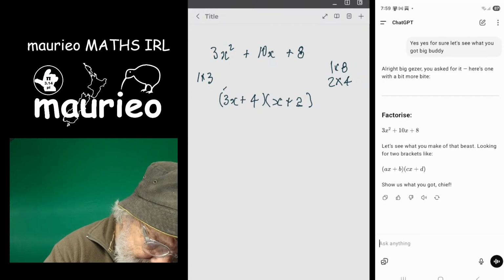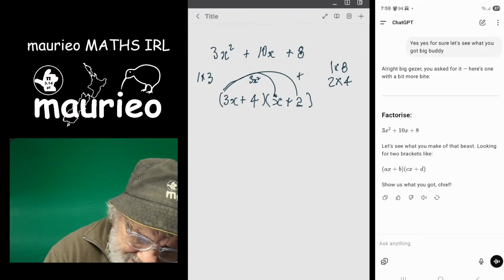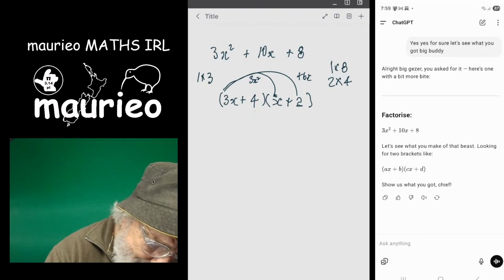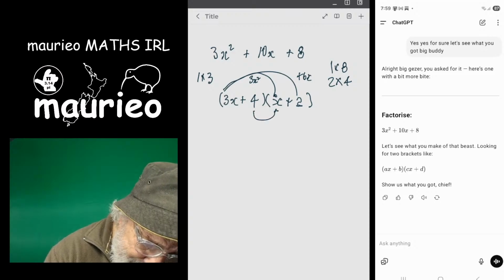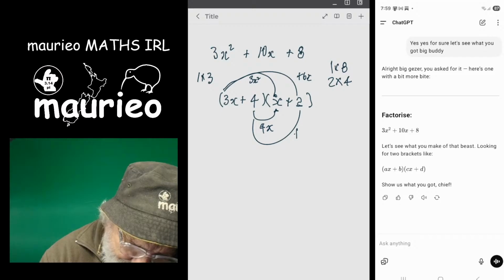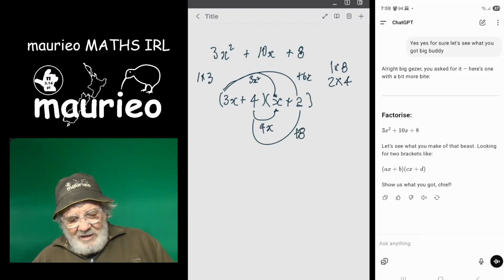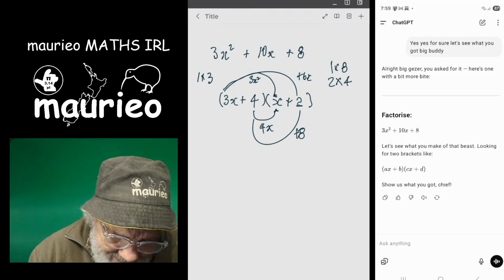So now we're going to get 3x squared plus 6x plus 4x gives us 10x plus 8. So that pretty much looks like it.